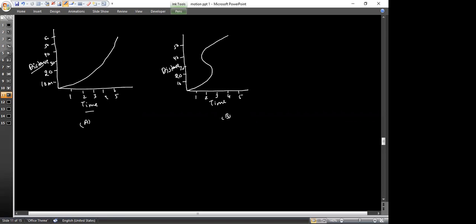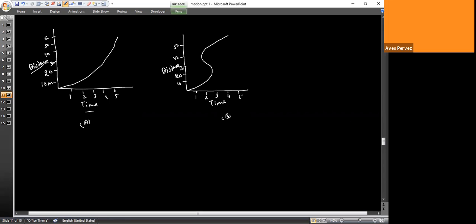What should we tell, sir? You have to tell me which graph, A or B. In these two graphs, one is A, another one is B. One is an impossible graph, which is not possible. So which one is the impossible graph?